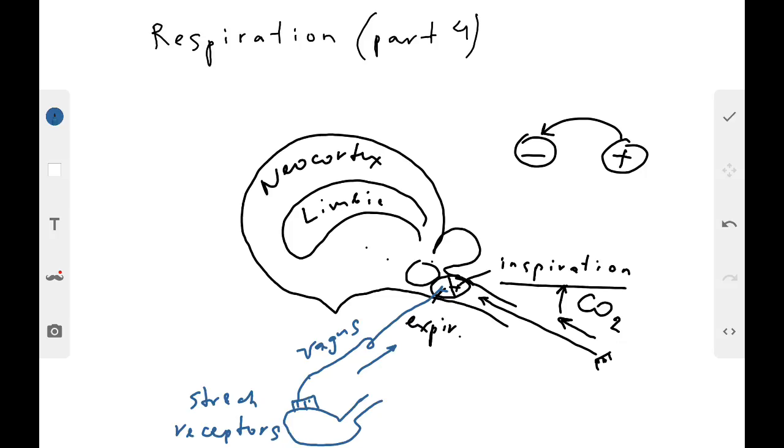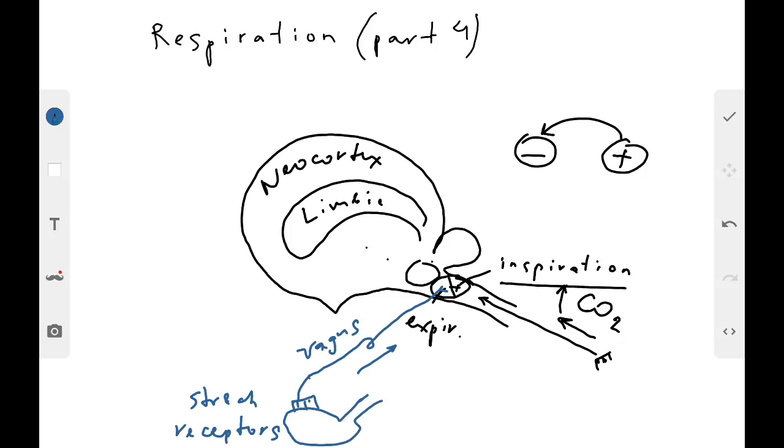So the vagus carries these excitations, spikes, to the expiration centers of the medulla oblongata. In this case, the inspiration center is inhibited and the person stops inhalation.